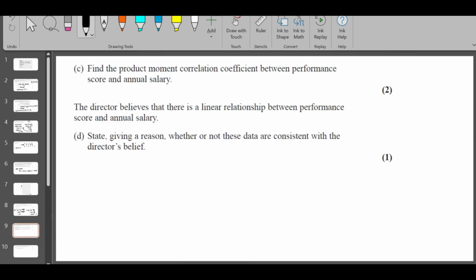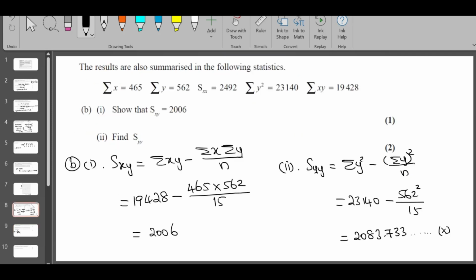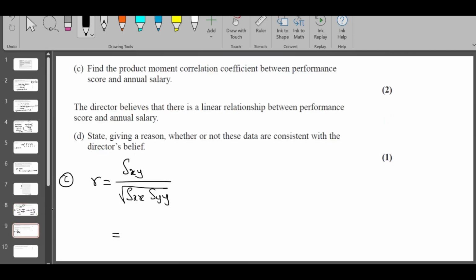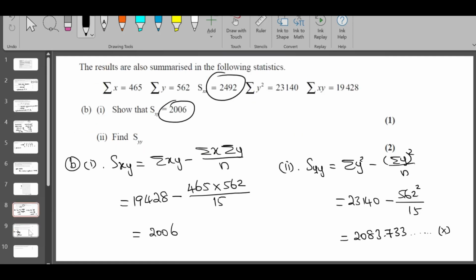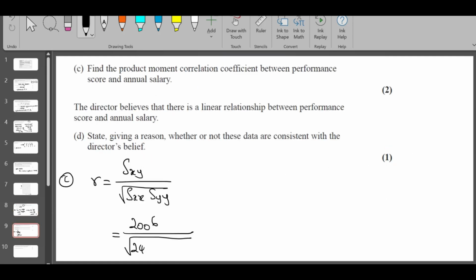Find the PMCC. You definitely will need the value here. Part C. PMCC r is equal to SXY over the square root of SXX times SYY. Is SXY here? Yeah. And SXX is also here. SXY is 2006 over the square root of 2492 times the value we just calculated.